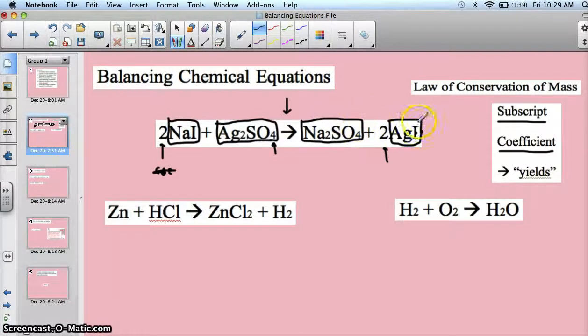Now, one thing of note is that the arrows are pronounced as yields. So this compound plus this compound yields this compound plus that compound. And the reason it has to be equal, we mentioned it has to be equal, is because of the law of conservation of mass. We actually said that before, where if you have, say, a fire, you have lots of boxes out here outside and you set fire to them.